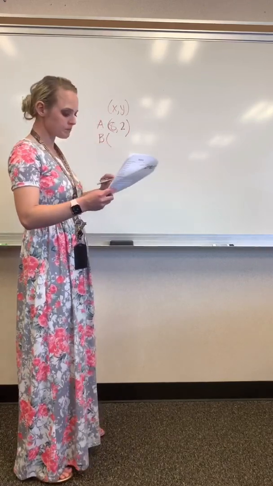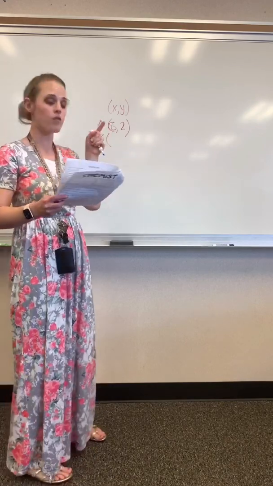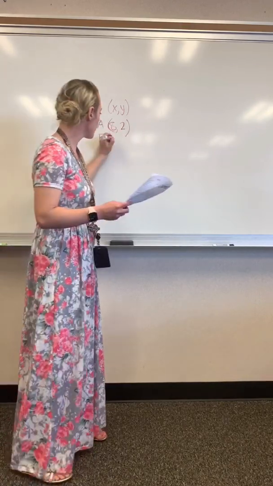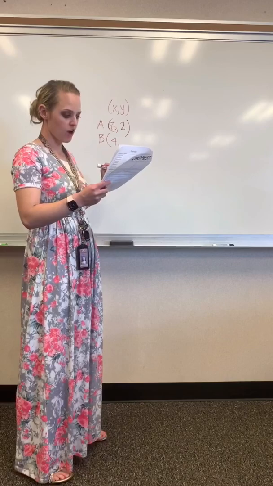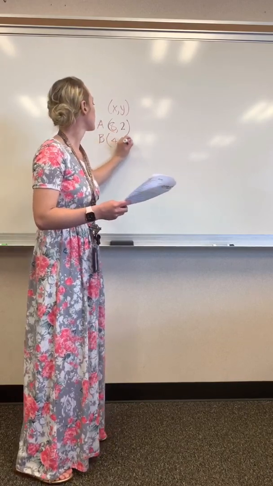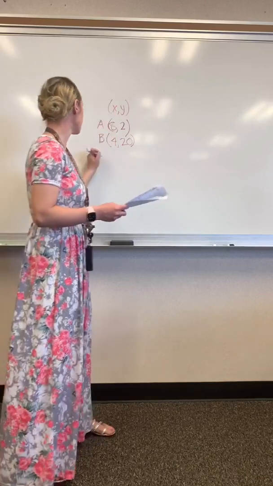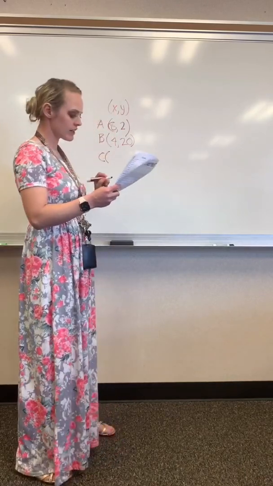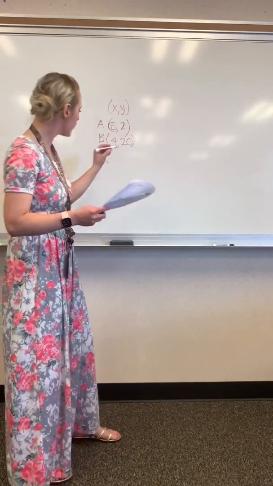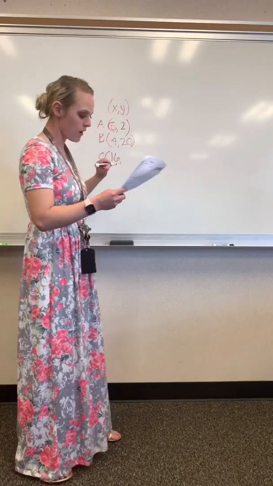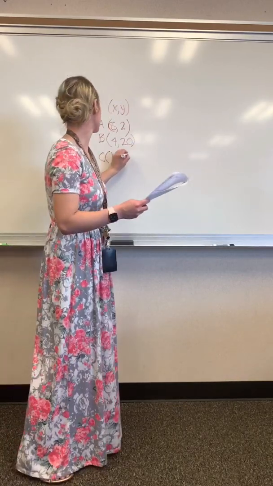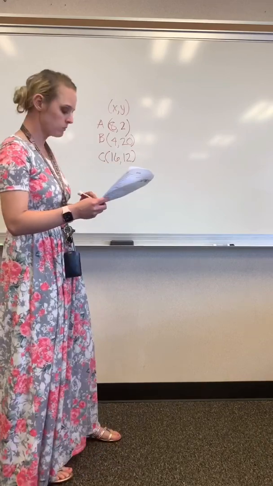For B, we had to go over 4. And we had to go up 20. So remember, over and up. Over and up. Okay, then here's C. We had to go over 16 and up 12.